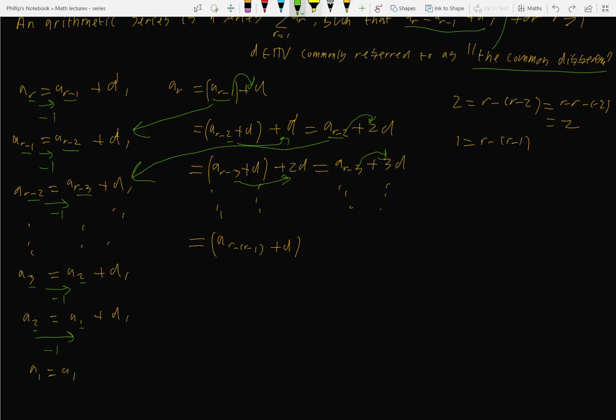So in this case, we're going to have 1 less there. So 3 minus 1 is 2. R minus 1 is plus R minus 2D.